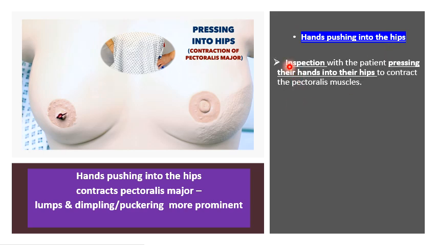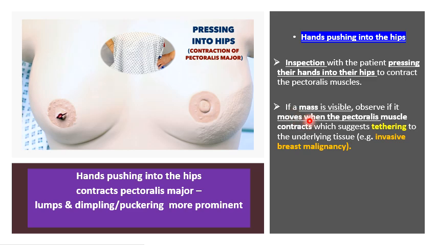You inspect to see, if any mass is visible, whether the mass moves when the pectoralis muscle contracts. If it does, then it suggests tethering of this lump to the underlying tissues. This is called tethering, and this is a sign of invasive breast malignancy.